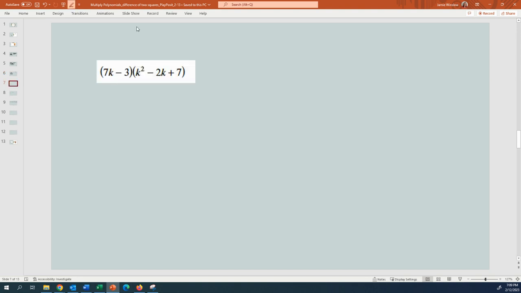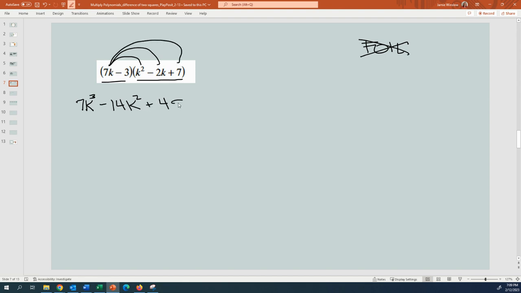Here's another one. So now we have a binomial, 2 terms, times a trinomial. FOIL will not work on this. FOIL only works for binomial times binomial. So we're just going to distribute everything evenly. 7k times k squared, that's 7k cubed. 7k times negative 2k, negative 14k squared. 7k times 7 is 49.